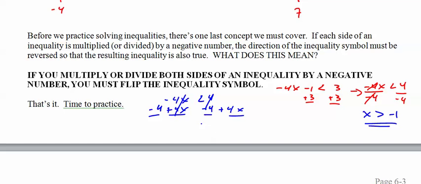And we would say negative 4 is less than 4x. Divide by 4, divide by 4, and we end up with negative 1 less than x. These two are equivalent. Read the x first, and from right to left, it's x is greater than negative 1. It's tricky. It takes some practice.